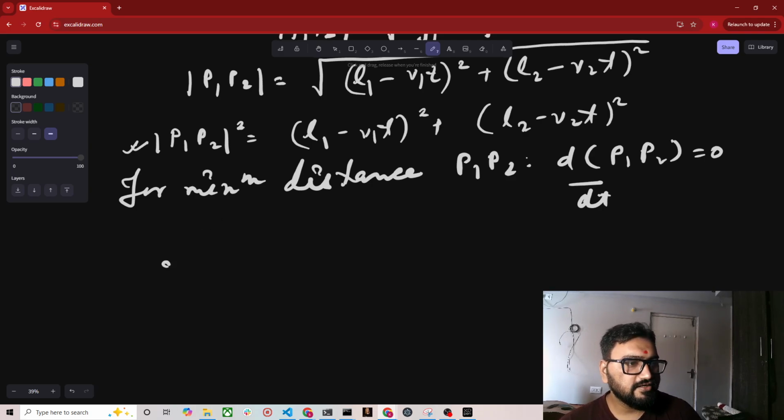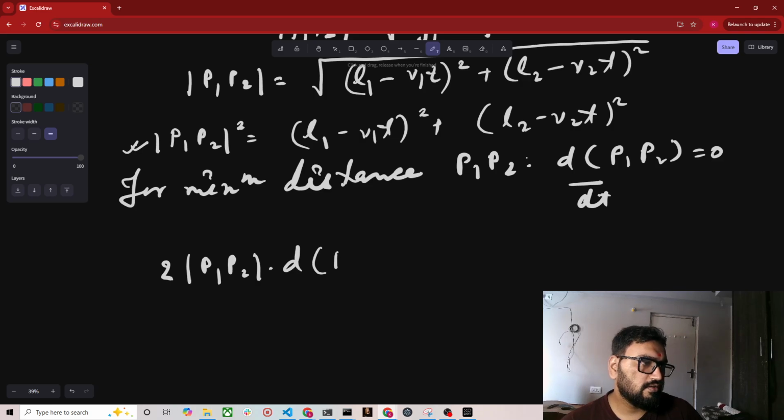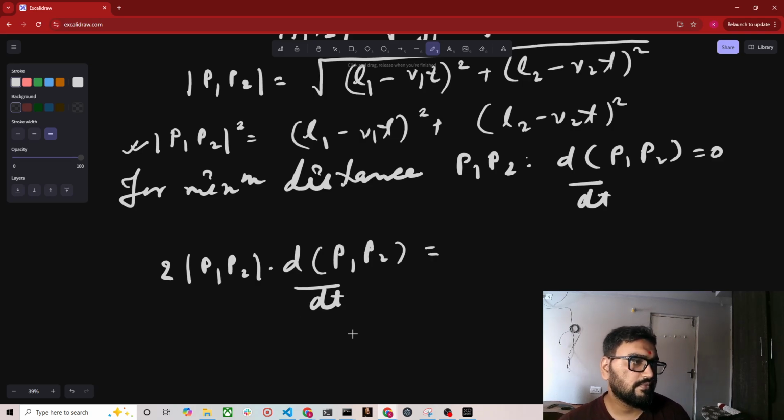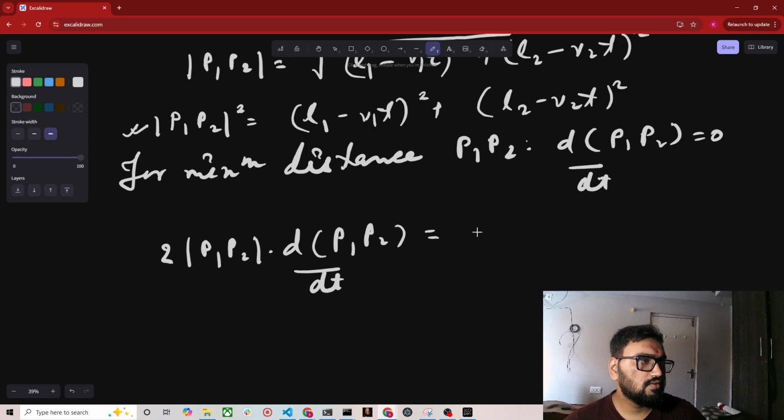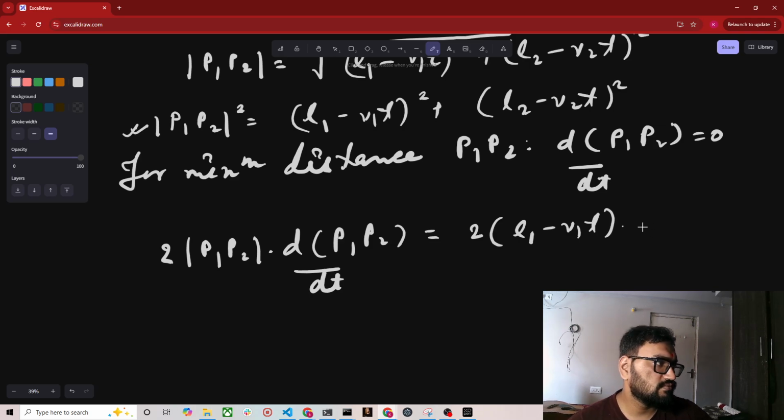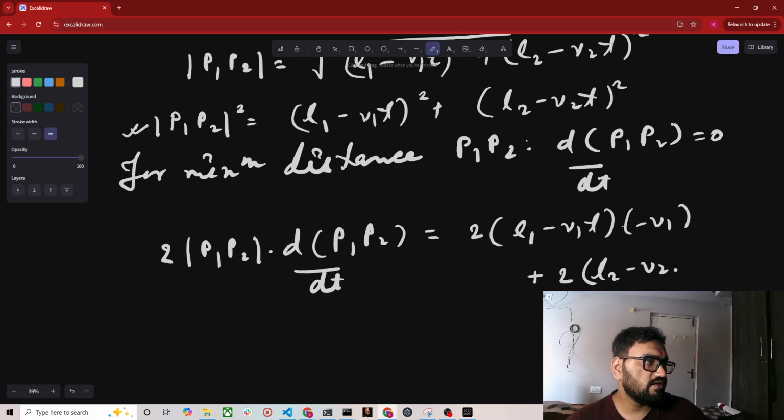So we'll get 2 times modulus of P1P2 into d(P1P2)/dt equal to 2 times (L1 minus V1t) into minus V1, plus 2 times (L2 minus V2t) into minus V2.